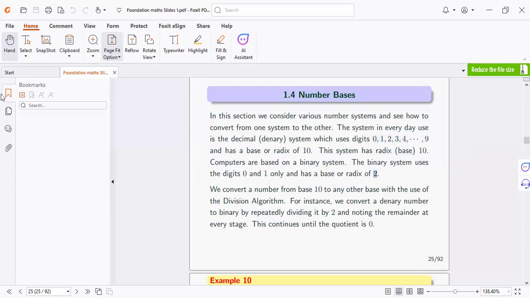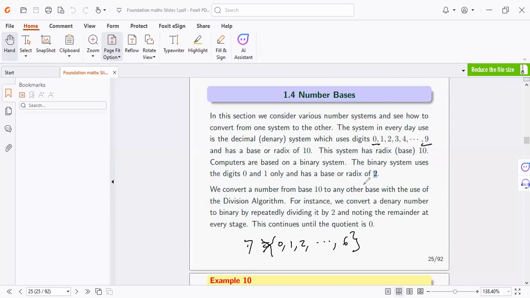What I want to do here is see how to convert from one base to another. Now, if the base is 7, it means the numbers we'll be using are 0, 1, 2, 3, all the way up to 6. If the base is 10, we are using numbers from 0 to 9.